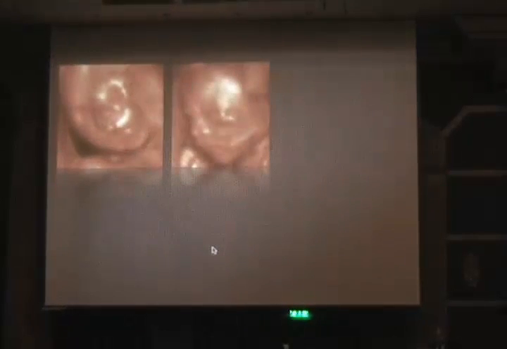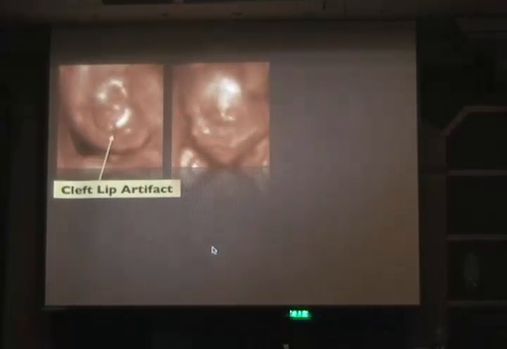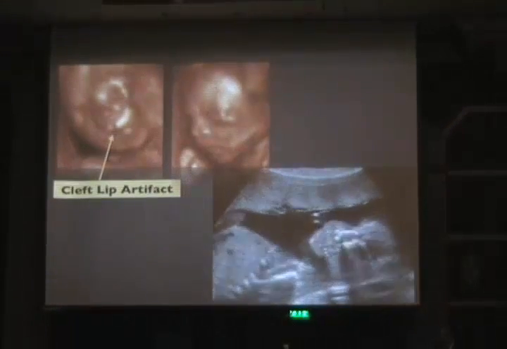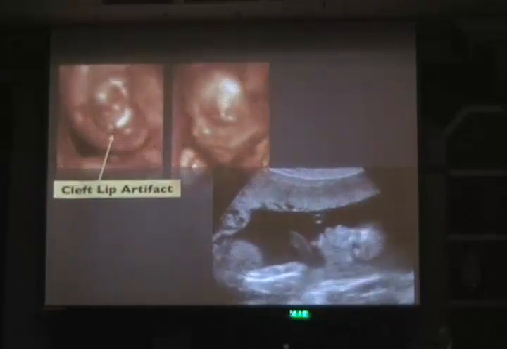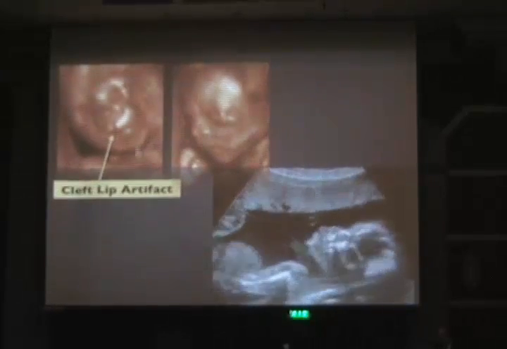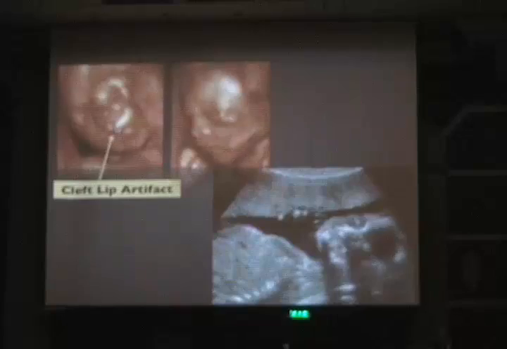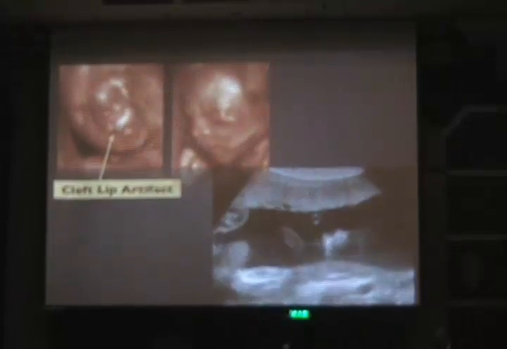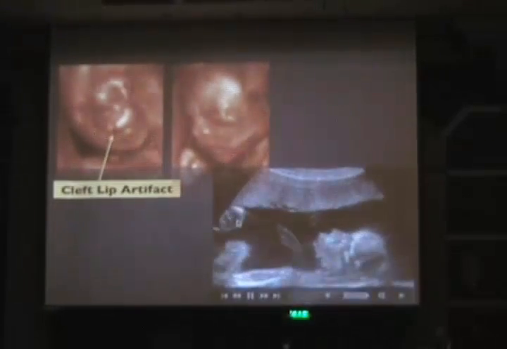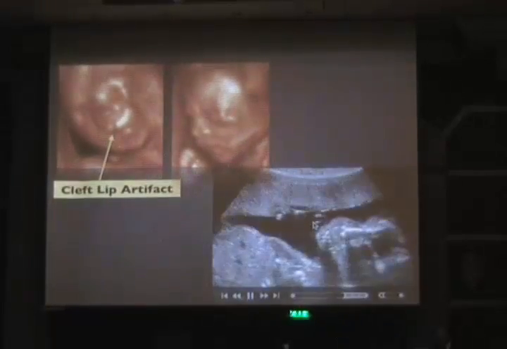The difference between the 3D and the 4D is that the 3D will give you better images, but you have to have very good conditions of exam. For example, you see here, they sent me this saying that it's a cleft lip. In fact, it was an artifact. It was the cord.